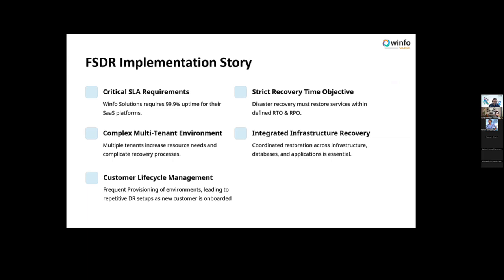As the customer base grows, the number of environments we have to build increases, because these are dedicated infrastructure that we provide to customers. So the challenge is how to reduce the time it takes to bring up the systems. This journey started with DR automation two years back, where we initially thought to automate manually using Jenkins and CI/CD tools like Ansible.